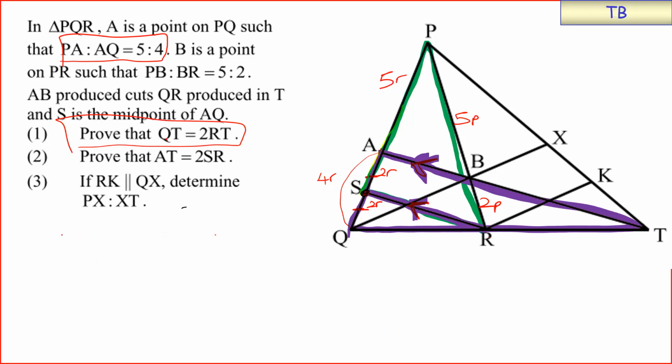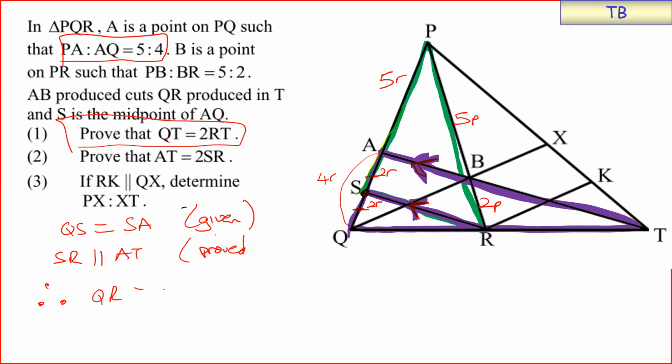Well, actually, that's the midpoint theorem. And if you want to write that down, what you would say is QS is actually equal to SA. How do we know that? That was given, am I right? Given, yes, sir. And then we proved that SR was parallel to AT. So proved above. Therefore, we can conclude that QR is actually equal to RT.